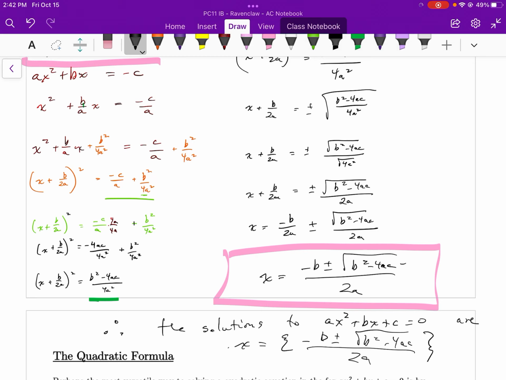And that's really all there is to this. All I have to do is take my values of a, b, and c, plug them into the formula, and I will solve any quadratic equation.